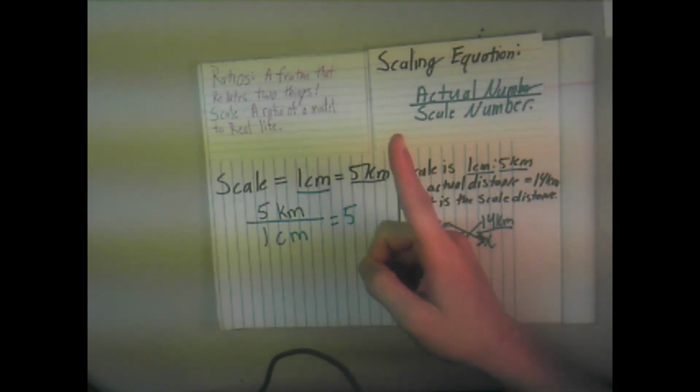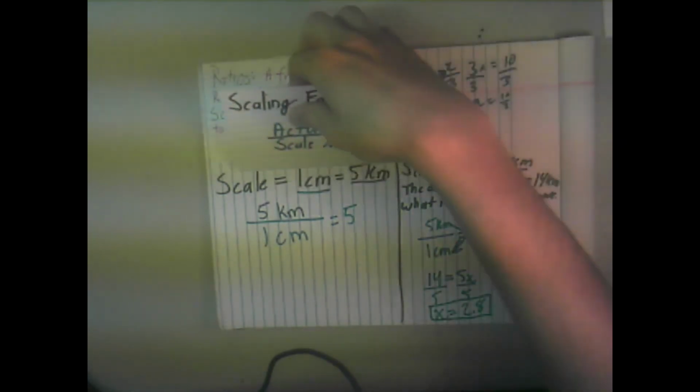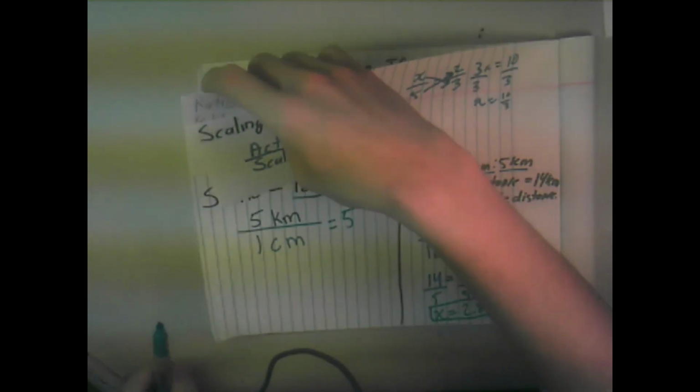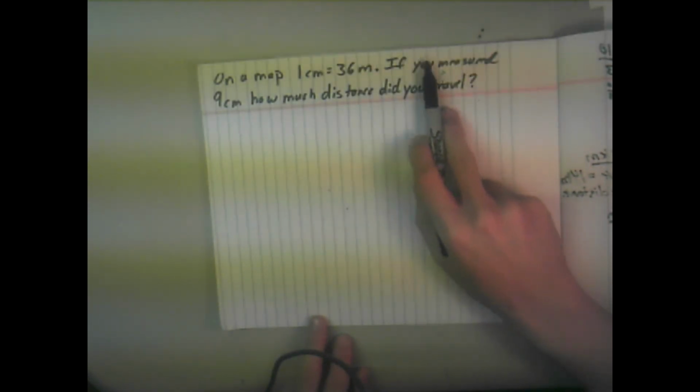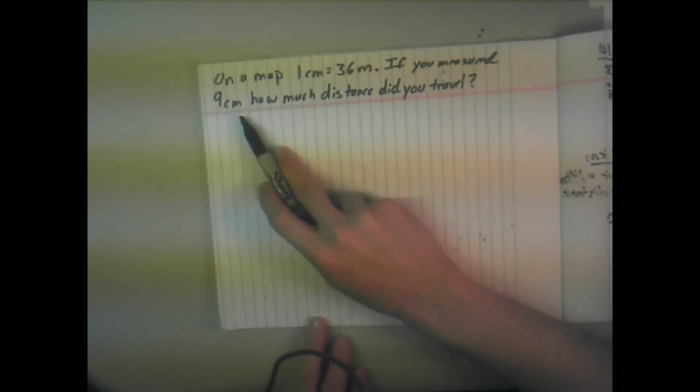Now there's one more question I want to do for you guys as an example with these. And it is this. It says on a map, 1 centimeter equals 36 meters. If you measured 9 centimeters, how much distance did you travel?